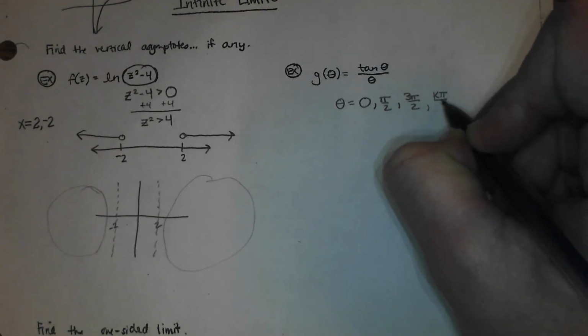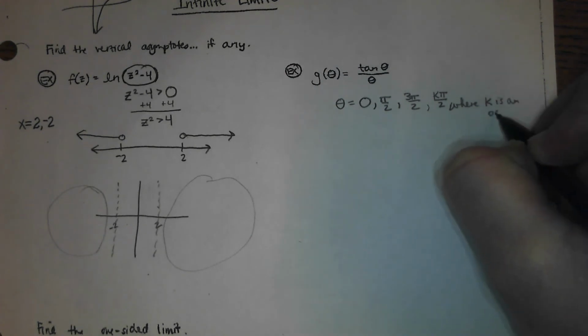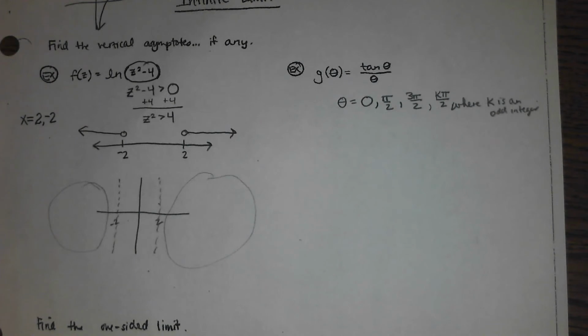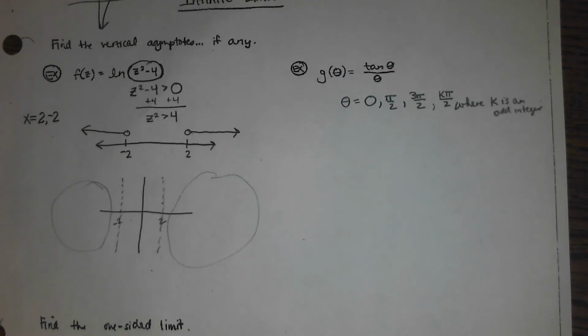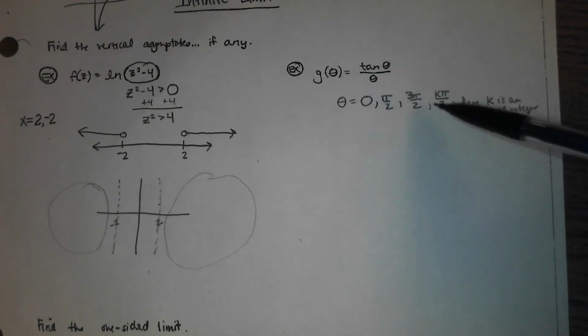So what if we said k pi over 2, where k is an odd integer? Okay, so it seems like those all logically make sense, and we know in a tangent graph that these pi over 2 things are definitely asymptotes.